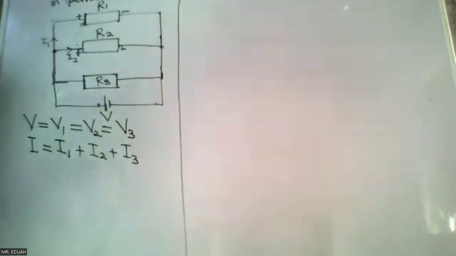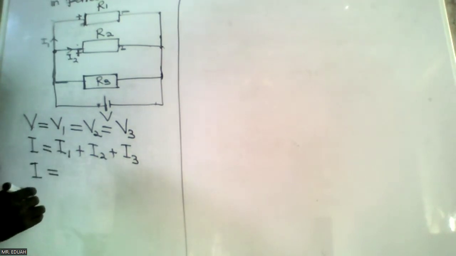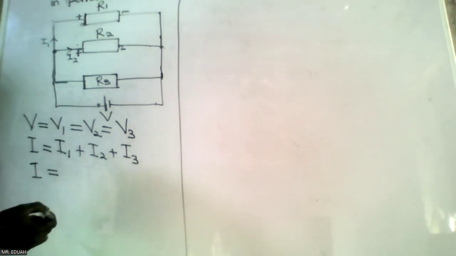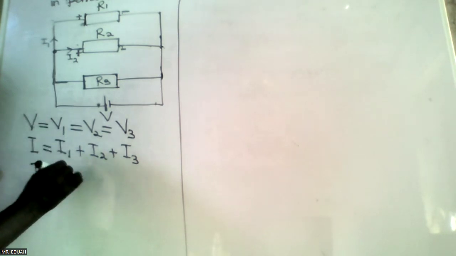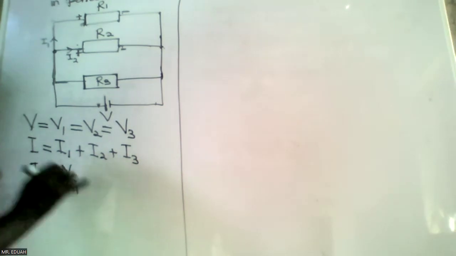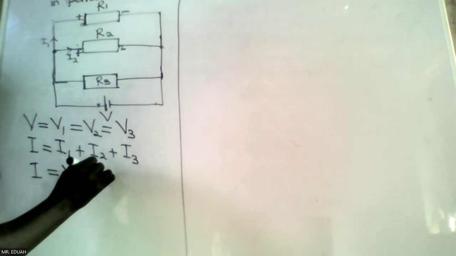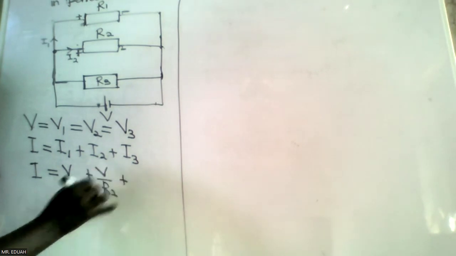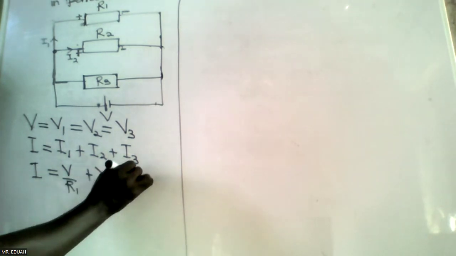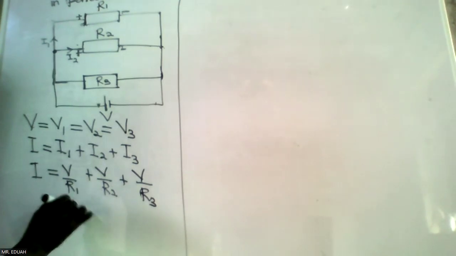Okay. Now, I1 will be equal to V1 over R1. But V1 is equal to the source, so V over R1, plus I2 would be V2, which is V over R2. I3 will be V over R3. We can factorize out voltage.